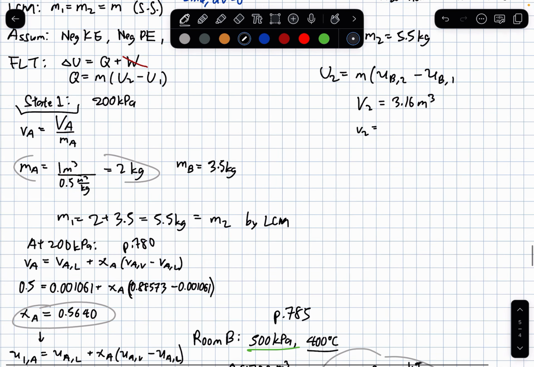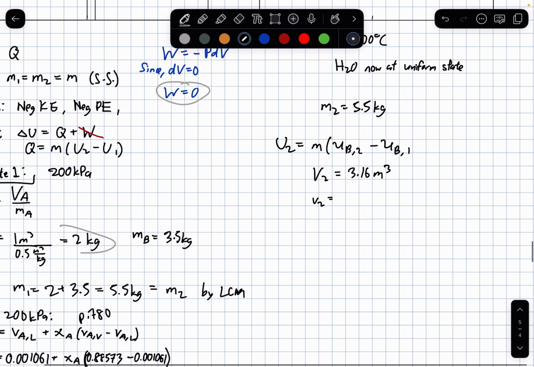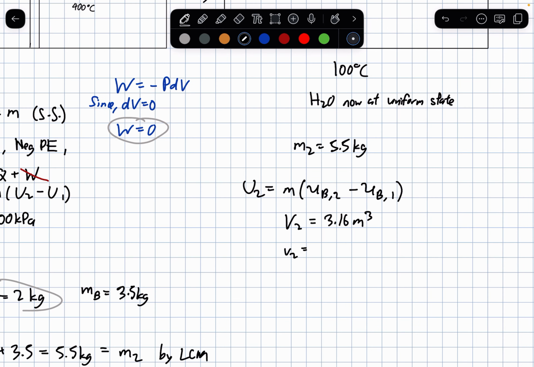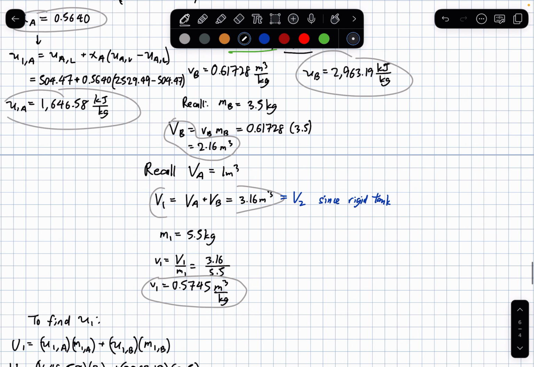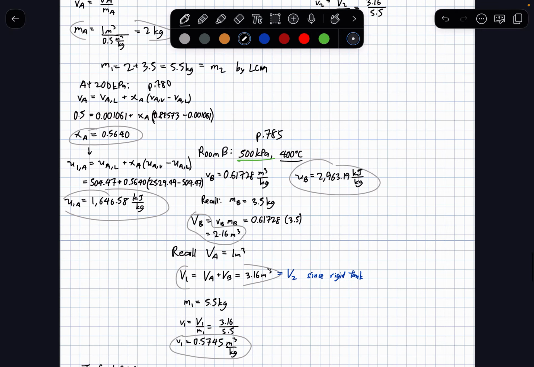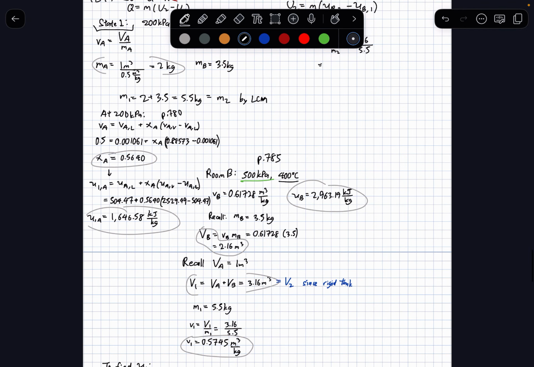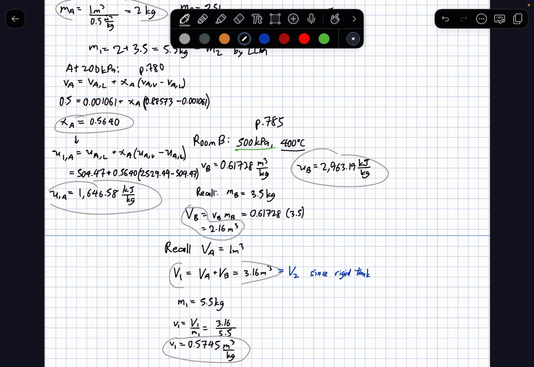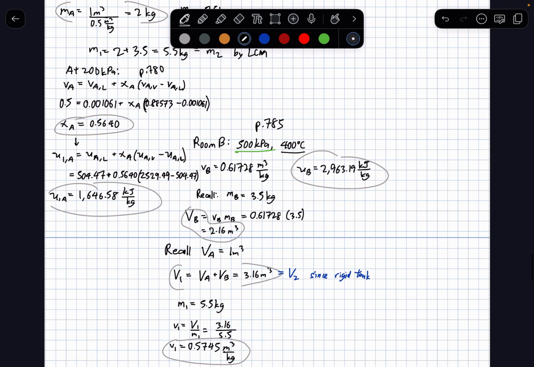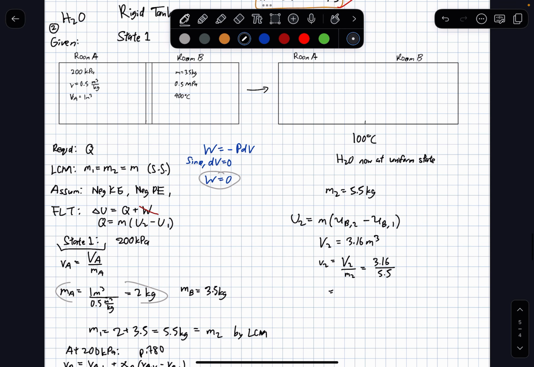We haven't calculated it, no? I think we have. Same volume, same mass.